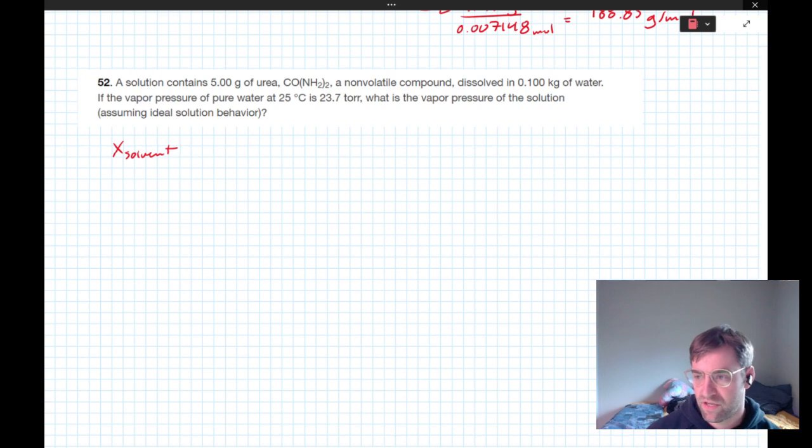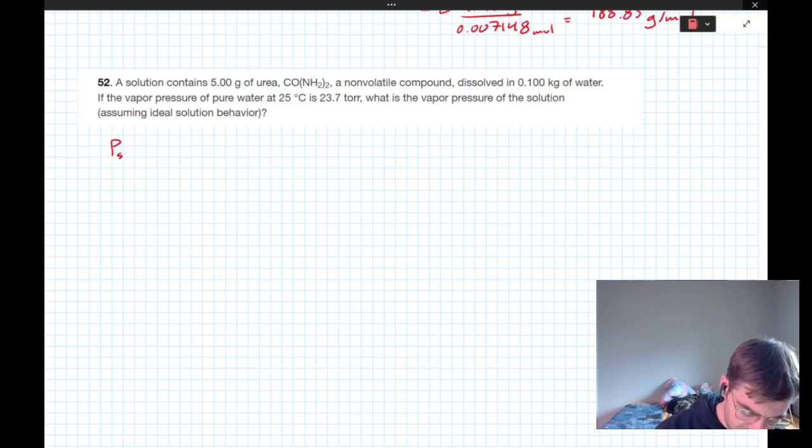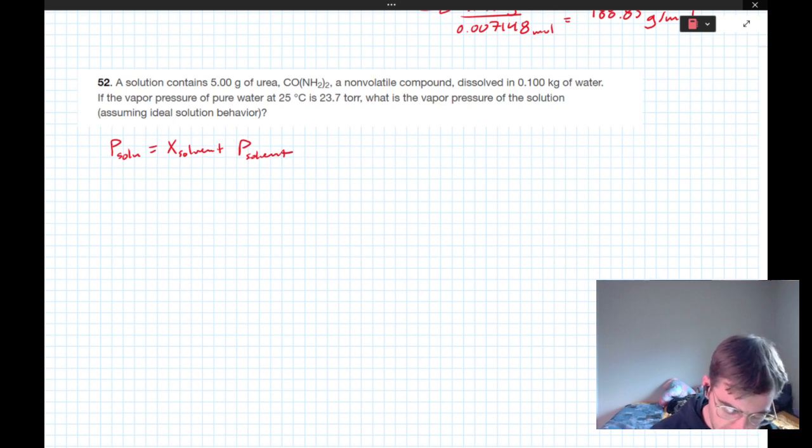So X solvent, this is going to be our mole fraction. And actually, let me back up a little bit further. Here is the equation of interest here. The pressure of the solution equals the mole fraction of solvent times the pressure of the solvent.